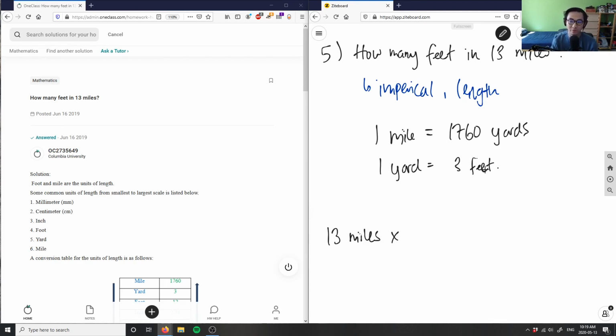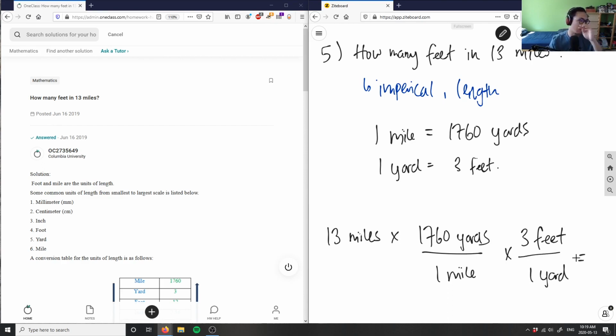I know for a fact that I have 1,760 yards per 1 mile. And then I want to figure out how many feet are in a yard. Well, I know that I have 3 feet in 1 yard.